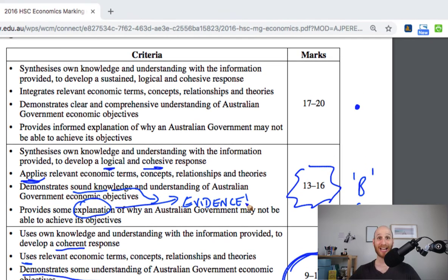If you are then trying to hit that top range, that A range response, you're going to need to take it up a step. Again, you're going to need to provide the most fancy, elaborate, innovative renovations to your house to really show the marker that, yep, you've synthesized your own knowledge, you have integrated the terms, you've got a clear and comprehensive understanding, and you have an informed explanation.